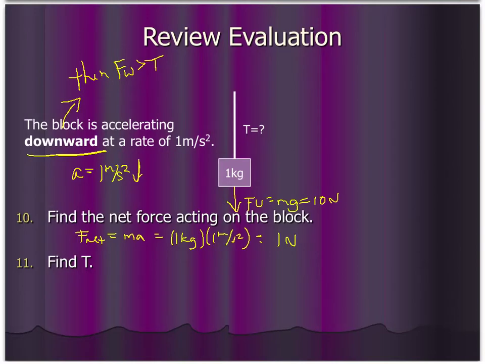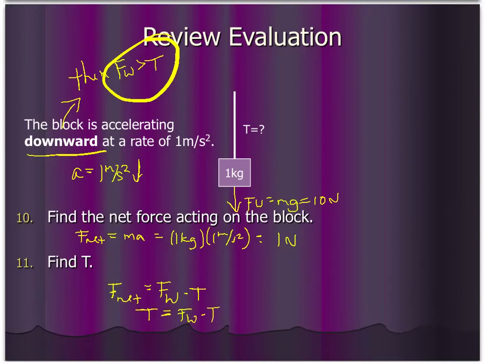To find the tension, I know I can say that F net is equal to my FW, because again we've determined that that's going to be the bigger of the two forces, minus the tension, and when I rearrange this I can say tension is equal to FW minus F net.